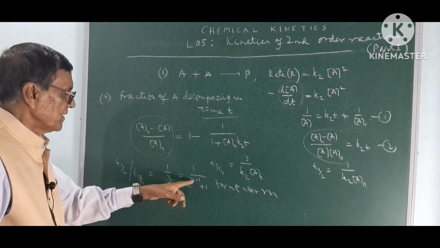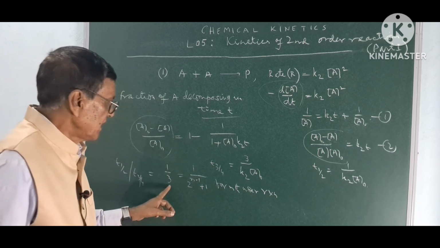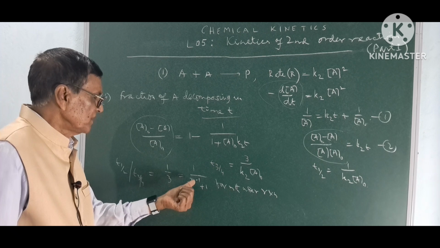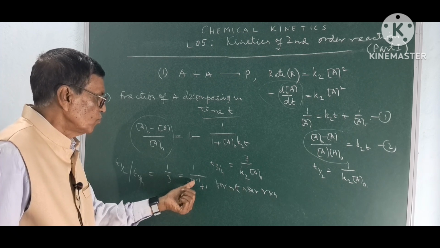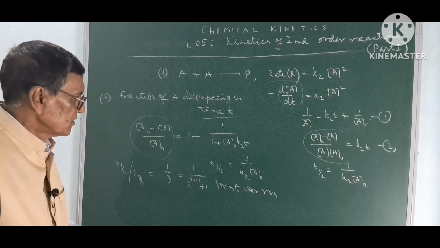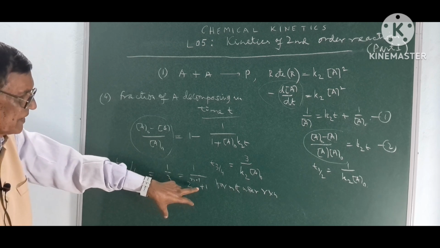For the second order reaction, it is 1/3. For third order reaction, n will be 3, so 3 minus 1, 2, 4, 4 plus 1, 5, 1/5, and so on. So from this relation, this ratio will give you the value of n.